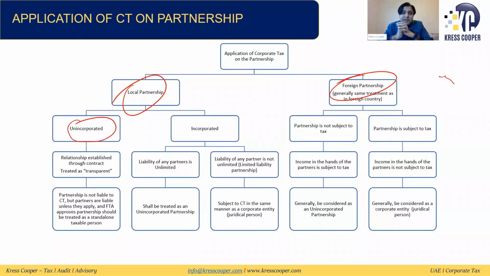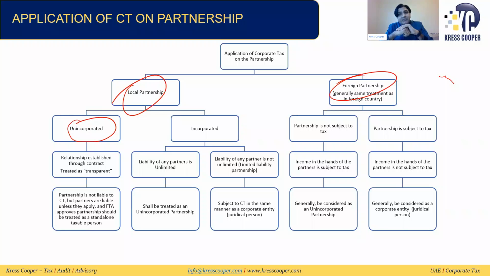This is called transparent. So the law says the partnership is not liable to corporate tax, but the partners are liable, unless they apply and the FTA approves that the partnership should be treated as a standalone taxable person. Means an unincorporated partnership by default is not subject to corporate tax.